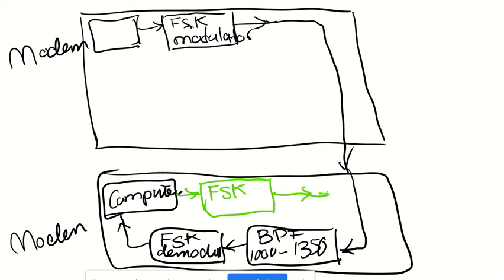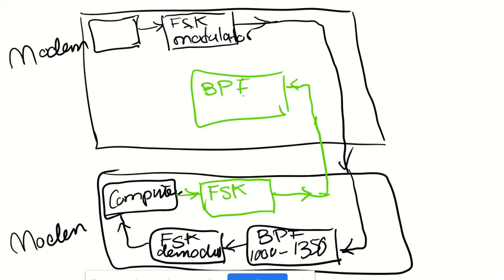Then, because now you have a carrier signal, that will go into a bandpass filter of this one that goes from 2850 hertz. So bandpass filter means it's only passing the frequencies from this to this.